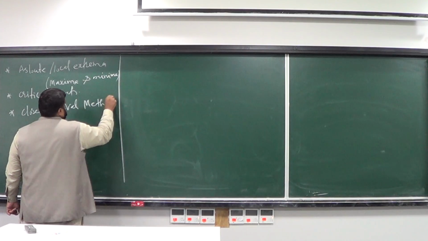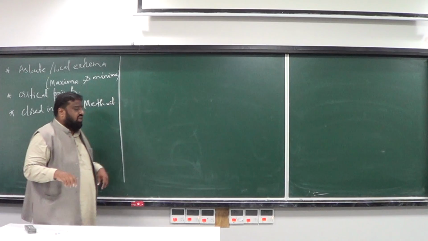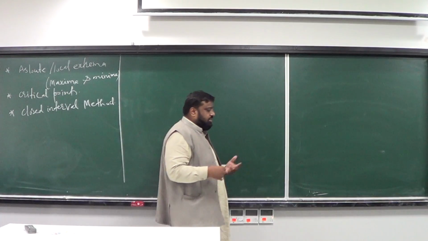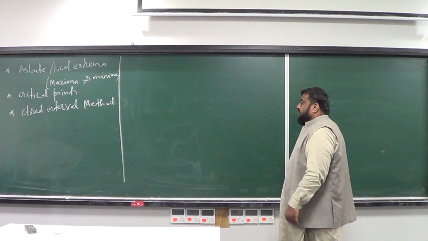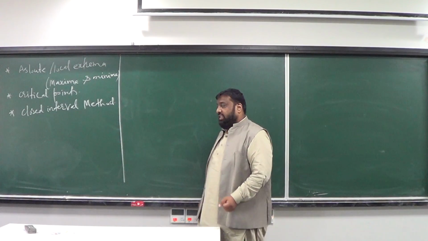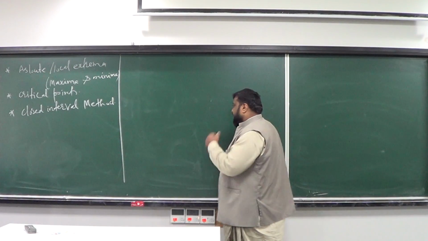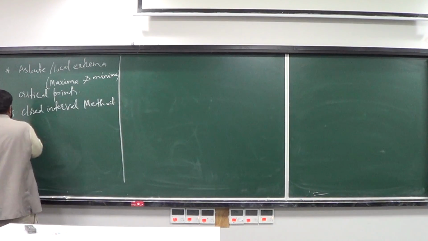It's a very simple method for finding the absolute maxima and minima of a given function, but today we will cover more sophisticated methods for finding the extrema. So this is a short snapshot of the things that we covered in our last class.